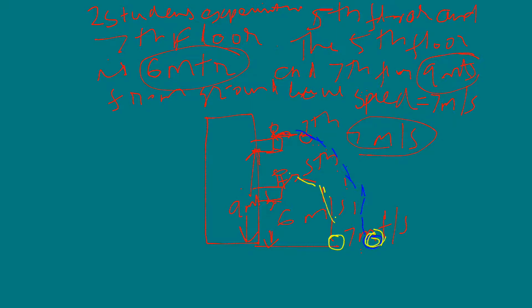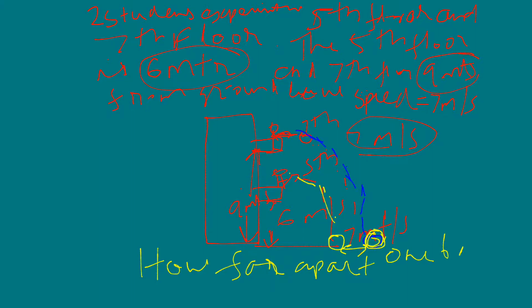We want to calculate when both balls land on the ground the difference between the distances, how far apart one ball falls from the second one. That is the question.